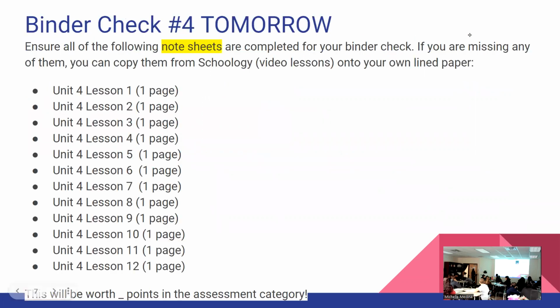Puzzle pieces there. You do have a binder check tomorrow. These pages, some of them are 2 pages. I just have to go through and update it, but you should have notes for lessons 1 through 12. We didn't skip any. Once I figure out exactly how many pages that is, I'll update this slide, and whatever that number is, say it is 12, it's not, it's a little more than that, but times it by 2, and that's how many assessment points it'll be worth.